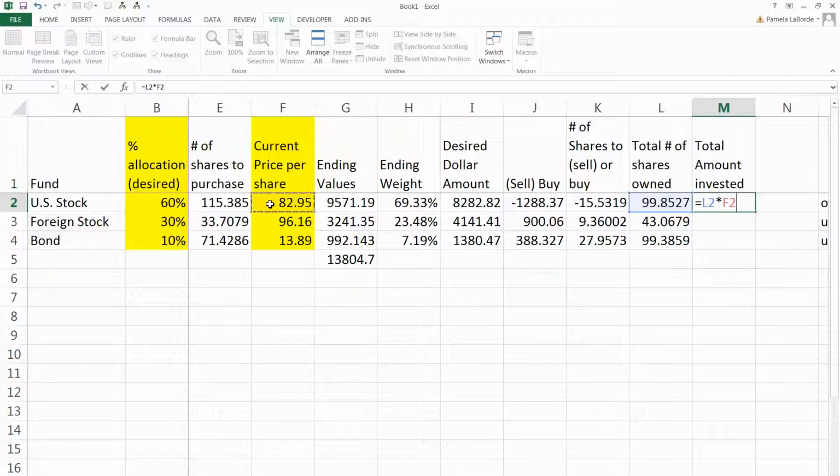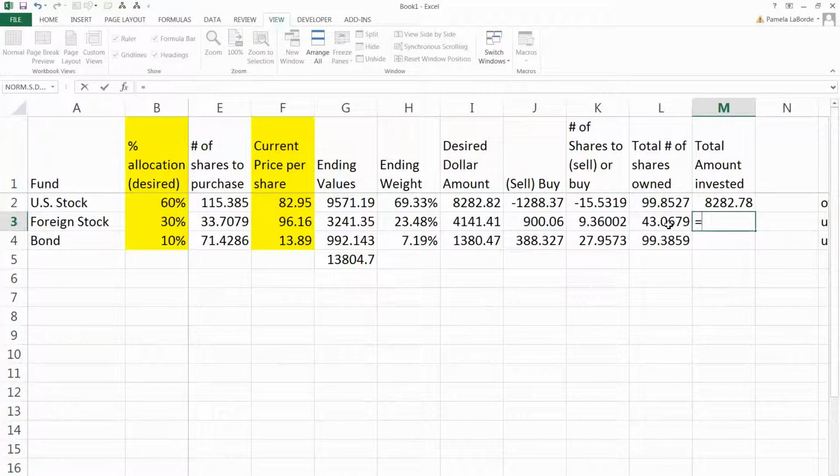They are worth $82.95 each. So this is how much I have invested in the total US stock fund now. This is how much I wanted to have invested using my 60% weight. These two numbers do agree. I've got a few pennies rounding error, but I'm not worried about that.